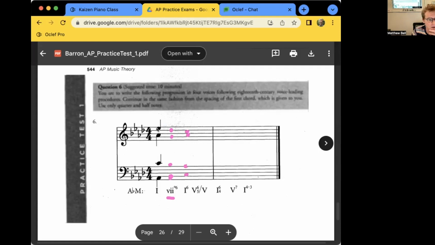There's nothing wrong with a perfect fifth moving to a diminished fifth that then resolves to a third, right? That memorized pattern with the 7 diminished 6 lets them do that really quickly and efficiently.